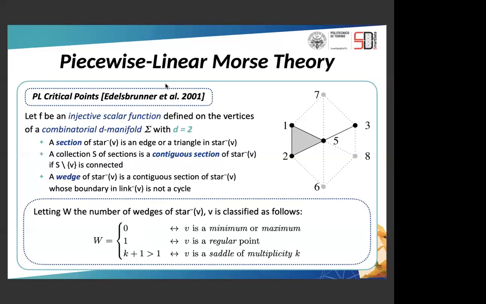The lower star of the considered vertex is simply the collection of simplexes of our simplicial complex having as a maximum value among its vertices for the function a value lower or equal than the value assumed by f of v. So in this specific case, we have 2 wedges, and according to the depicted classification, again, 5 is likely a saddle point for our combinatorial manifold.